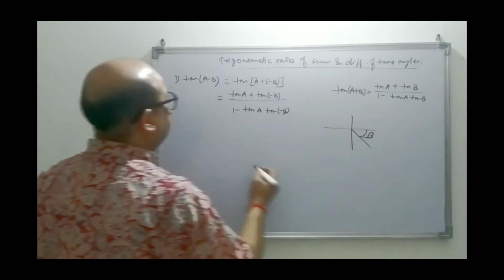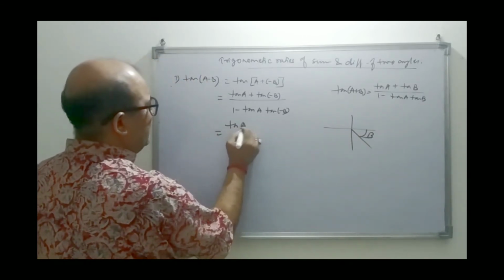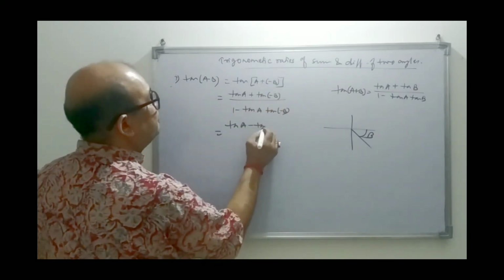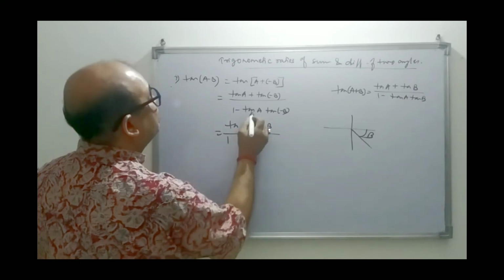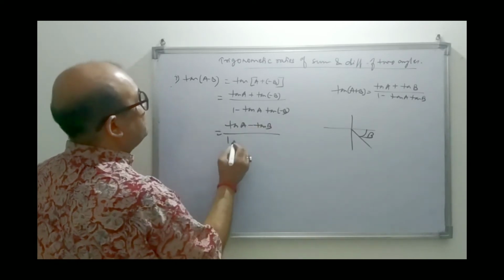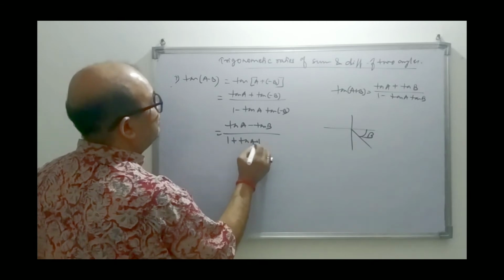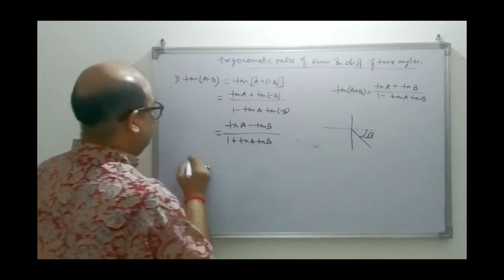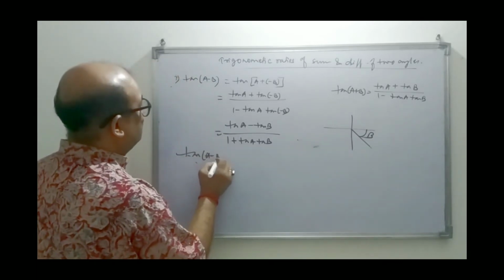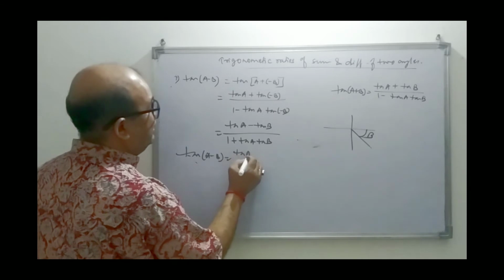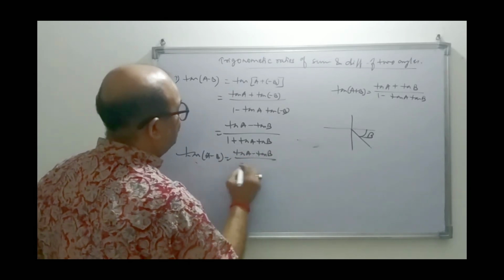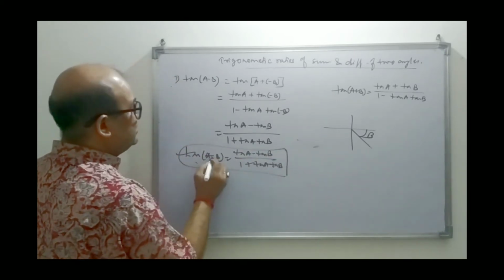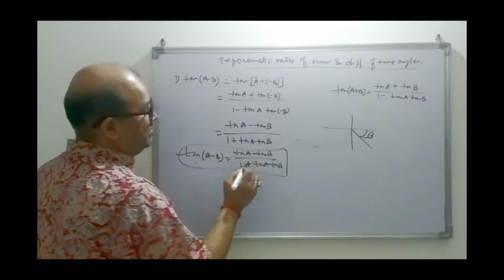Tan minus B is minus tan B, so minus minus becomes plus tan A tan B. So what I got here: tan A minus B equals tan A minus tan B upon 1 plus tan A tan B. Here also we see the sign is changing at these two places.